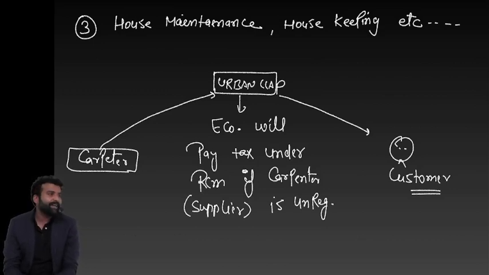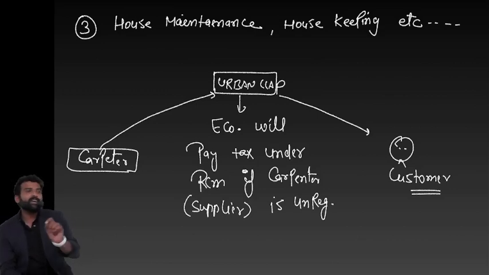If the carpenter or the plumber or the electrician is unregistered. If the electrician is registered, then the e-commerce operator is not liable to pay GST. If the supplier is unregistered, then only the liability is on the e-commerce operator.